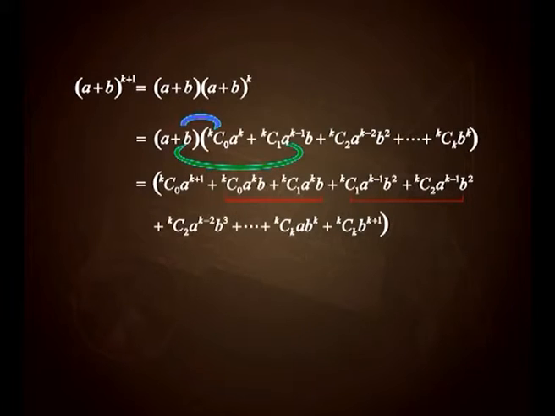Similarly, when (a plus b) gets multiplied with the second term, first a gets multiplied and therefore the power of a increases, that is, I will have kC1 a to the power k times b, plus kC1 a to the power k minus 1 times b squared. Now, the power of b has increased, and so on.